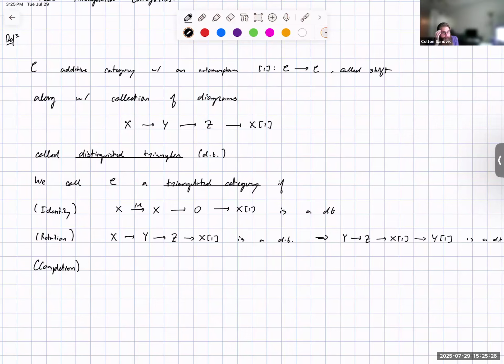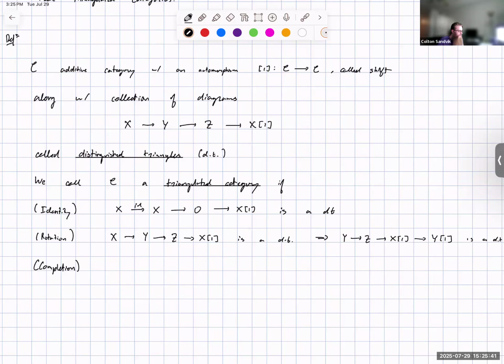One huge takeaway from studying triangulated categories is that a lot of this is just convenient notation and bookkeeping that can be used to make your life way easier when you want to do homological algebra.